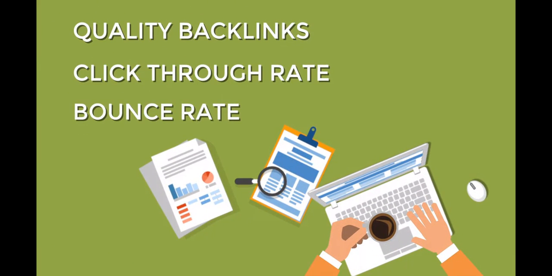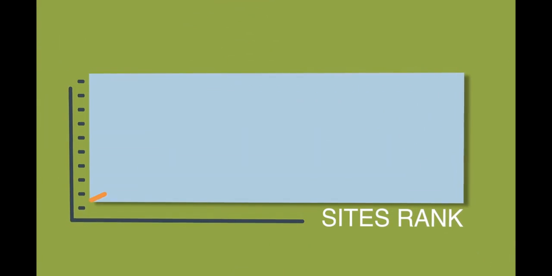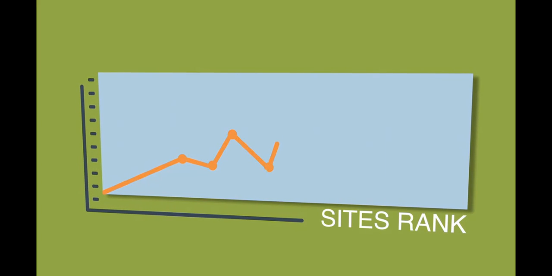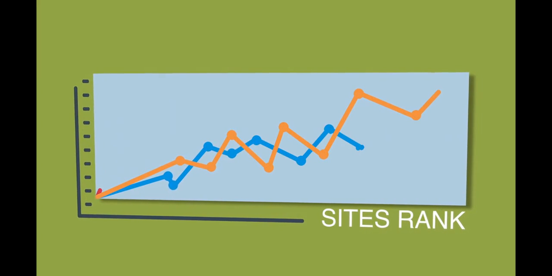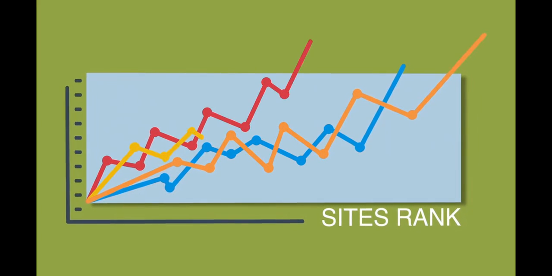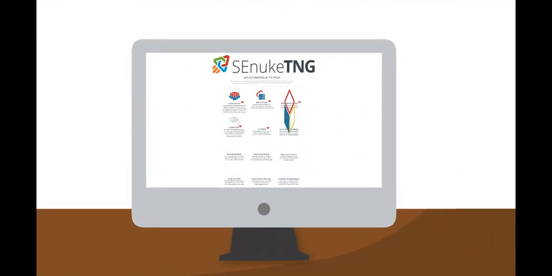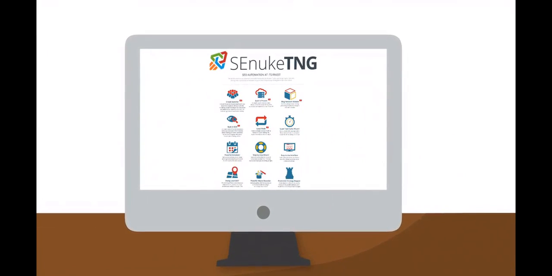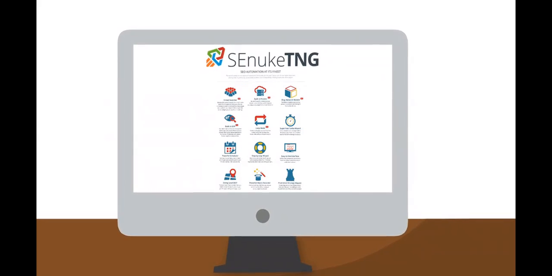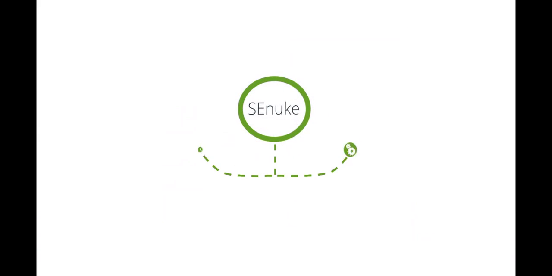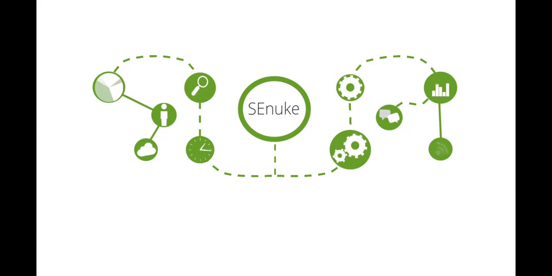But to influence these traffic and engagement metrics and increase your site's rank, you need more Google keyword search visits, more total site visits, more page views, longer site visits. Introducing SEnuke TNG, the next generation of SEO automation. Since 2008, SEnuke has been the industry leader in automated backlink creation.